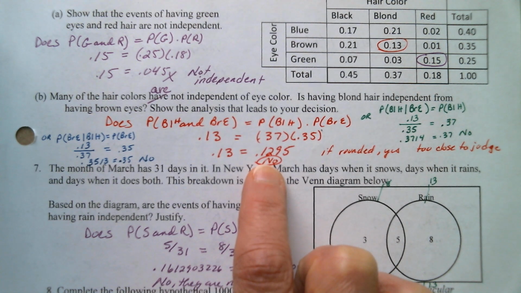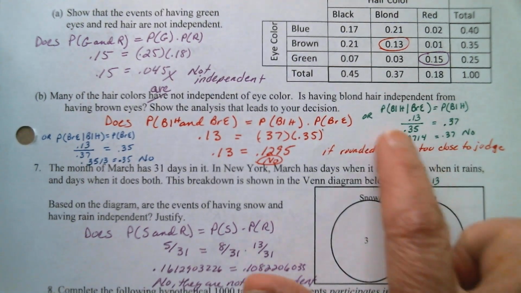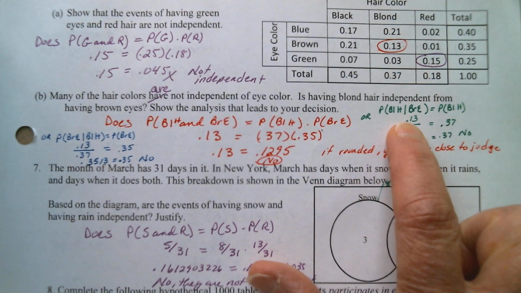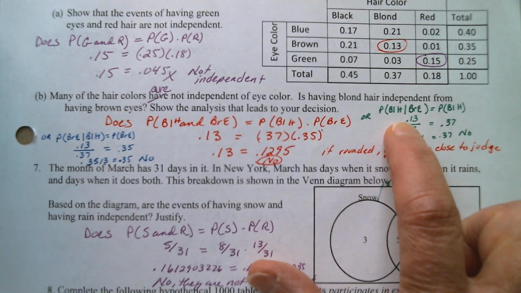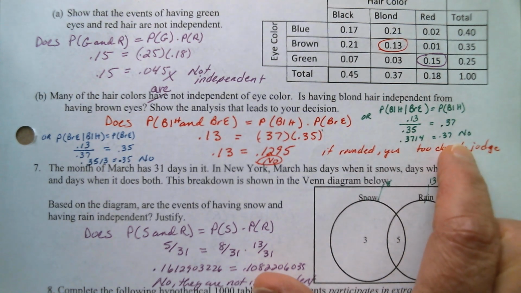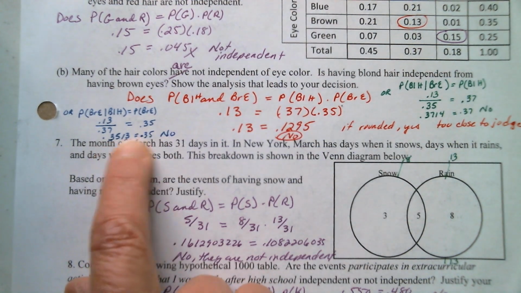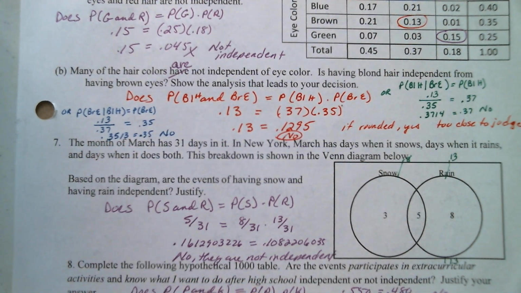If you round, they would be equal, but if we're not rounding, no, they're not equal, so they're not independent. And then here, probability of blonde hair given brown eyes, does it equal the probability of blonde hair? Same thing, the decimals are very close, but not exact. Or the other way, you get these two, very close, but not exact.